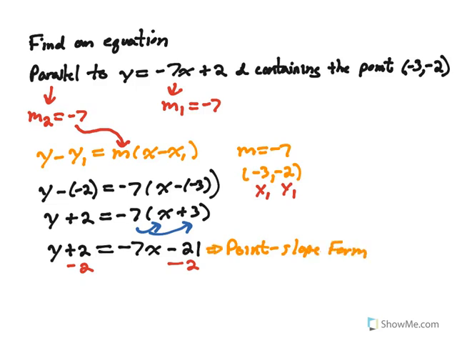But I want to keep going, solve for y, and when I do that, subtract the 2 on both sides, these cancel, then I'm just left with y equals -7x, -21 minus 2 more is -23. Okay, and I have my equation that is now in the slope intercept form.